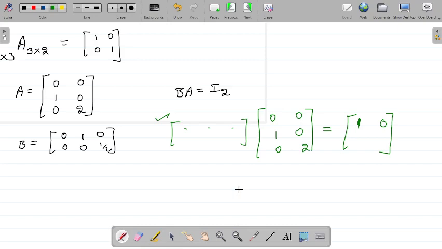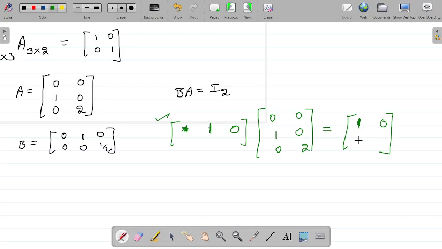And next, the second row I want to be 0 comma 1. So now you need to think about a combination of these 3 rows that will give us 0 comma 1. The first element doesn't matter because it's not going to affect anything. Next, the second element, we have to make it 0, so 0 times that.